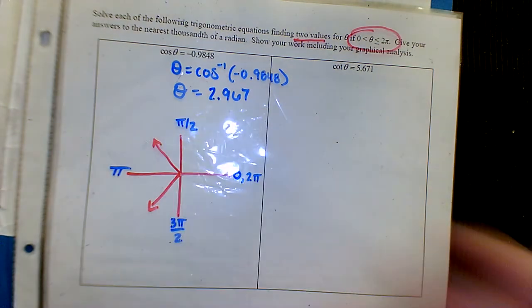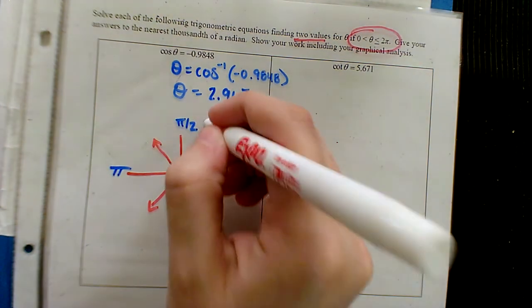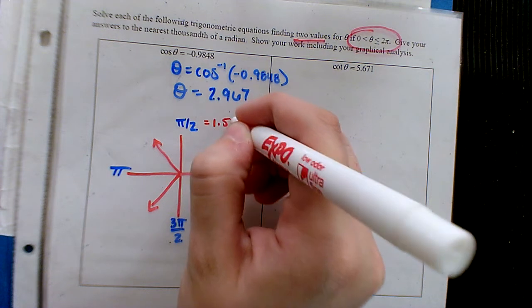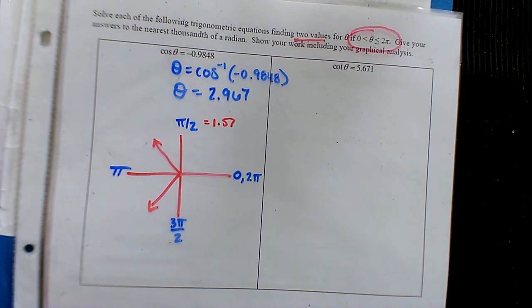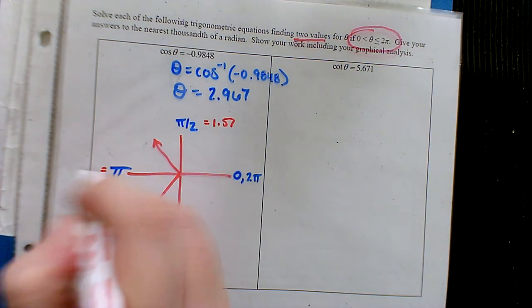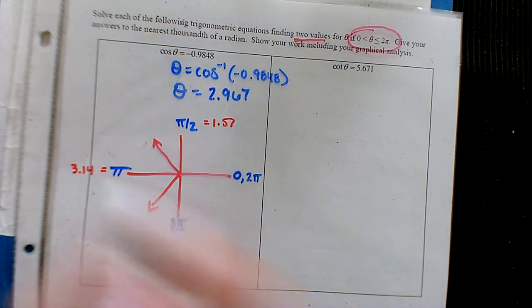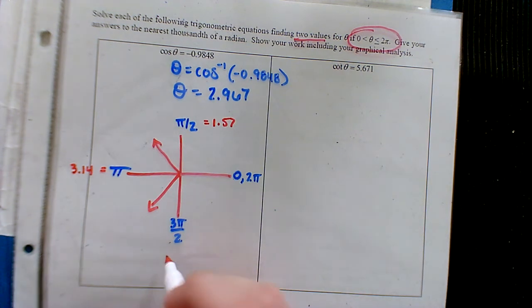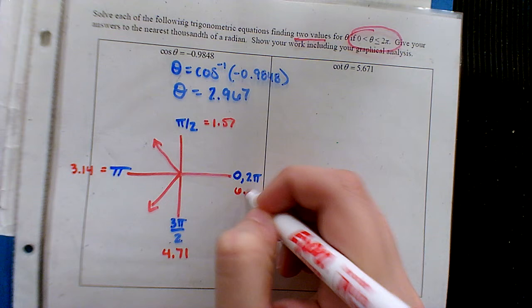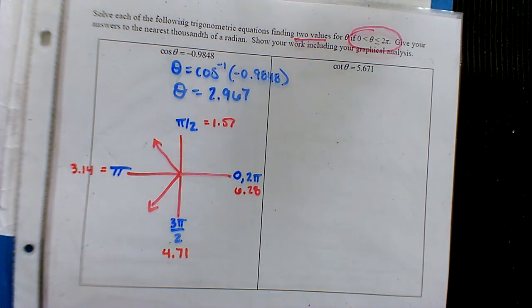So this is what I want you to remember: pi over 2, but as a decimal, that's 1.57. We know pi is 3.14. If you were to type in 3 pi over 2, that'd be 4.71. And 2 pi as a decimal is 6.28.